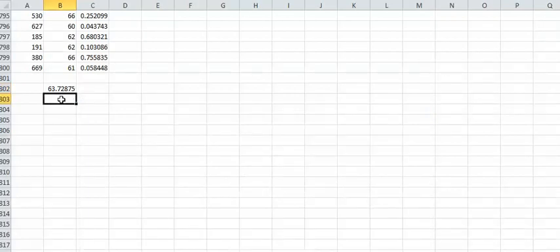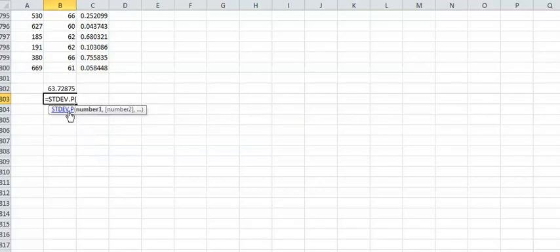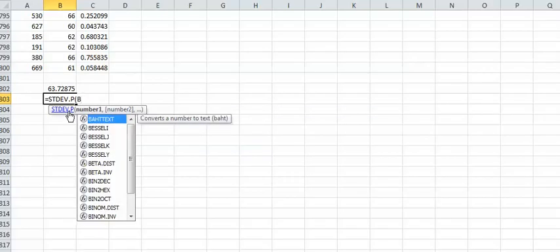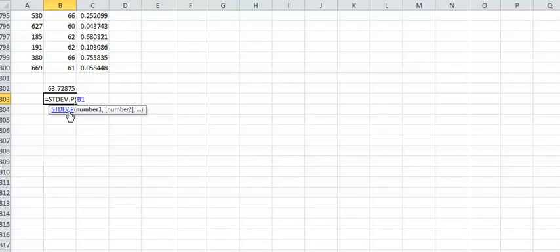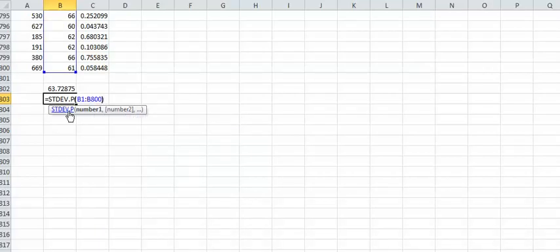If we type in equals stdev.p and type in B1 to B800, it'll calculate the standard deviation of all 800 heights in the population, and it's about 2.67.